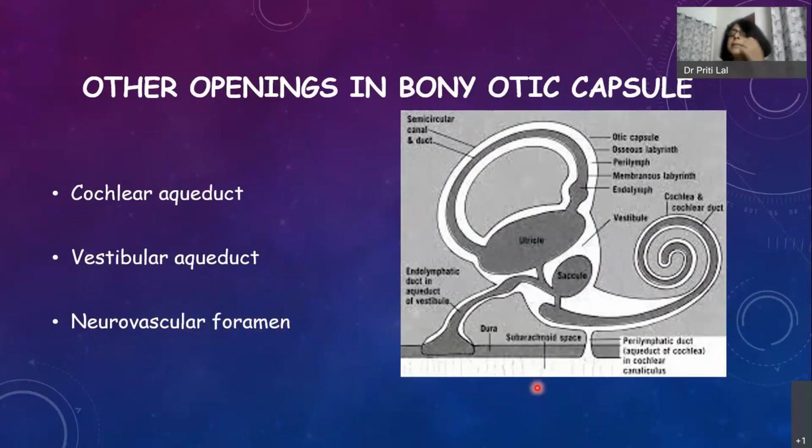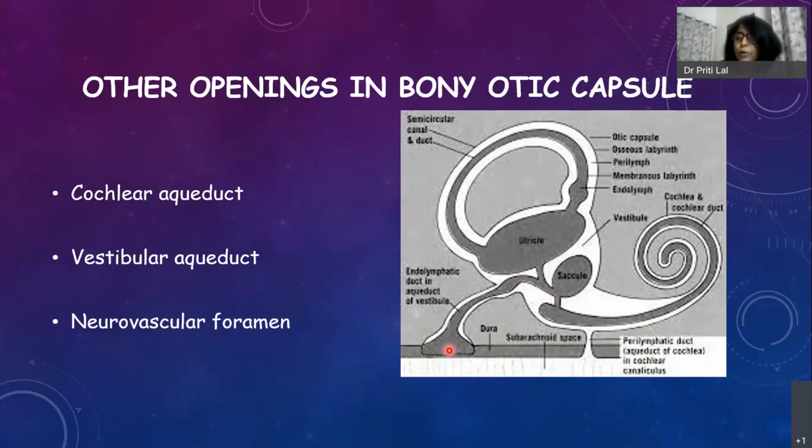The cochlear aqueduct runs from the scala tympani of the basal turn of the cochlea near the round window, connecting the perilymphatic space with the subarachnoid space of the posterior cranial fossa and carries with it a fibrotic periotic duct. The vestibular aqueduct runs from the medial end of the vestibule and goes to the posterior cranial fossa, carrying with it the endolymphatic duct and ends in the endolymphatic sac.